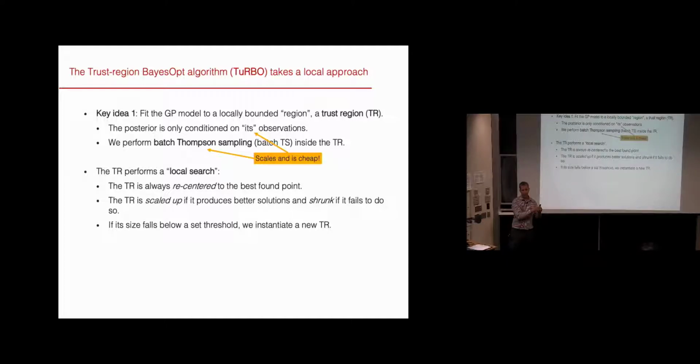And if the model provides better solutions, we can grow the trust region. If the model provides no good solutions, we shrink it. And eventually, if we don't make any progress, then we just essentially discard the trust region and start somewhere else. So it's like a local search approach, where we have these local searches that walk around in this high-dimensional space till they reach some local optimum, and then we start somewhere else. Okay?